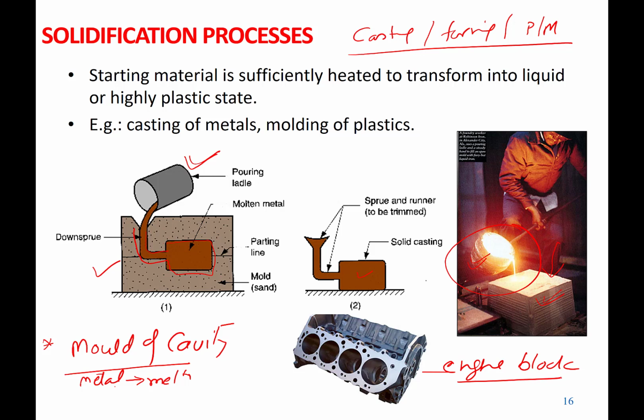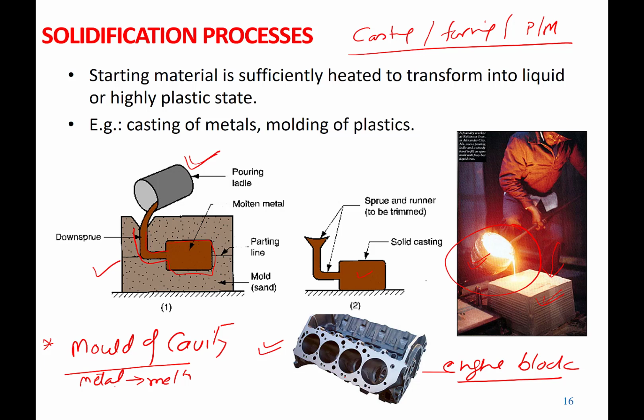In the automotive industry, most of the parts except sheet metal are made by this casting process, like carburetor, piston, cylinder, engine block, and a number of other components. So this is one typical example of the engine block, a product made by casting itself.